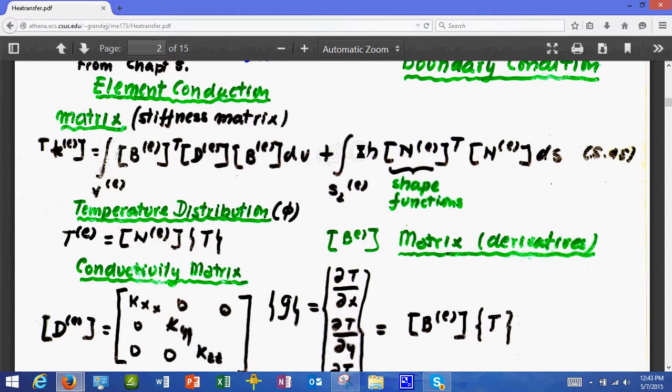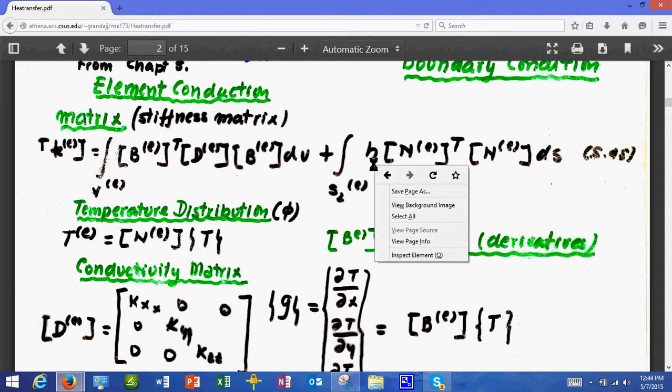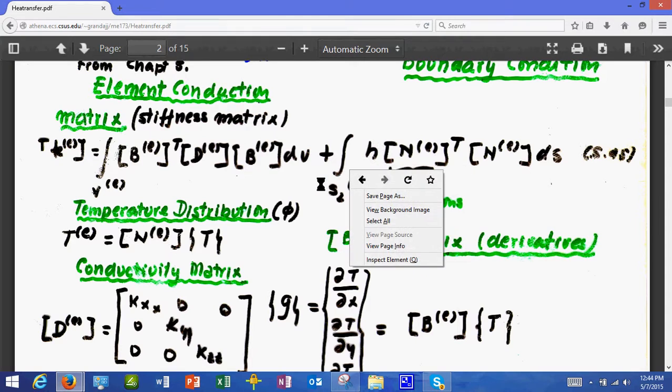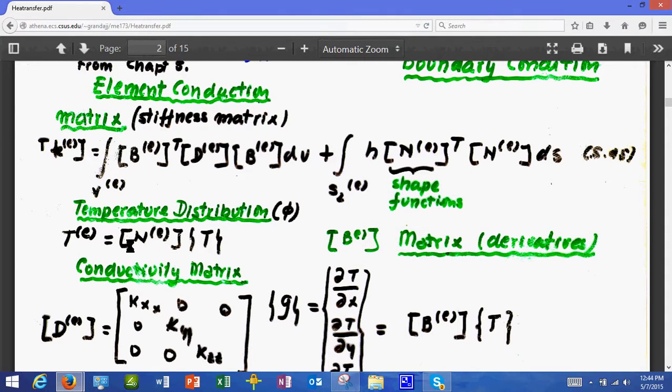And of course, you also have to add the stress distribution, and then the one for heat convection. So there's the temperature distribution. This is nothing new. The temperature solution is the matrix of the shape functions times the nodal values, right?